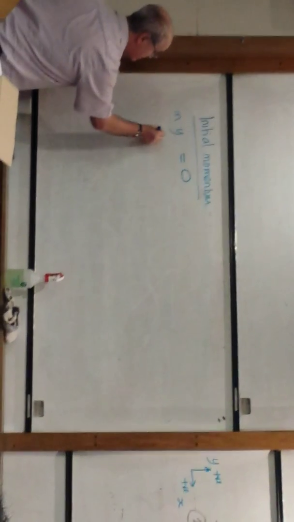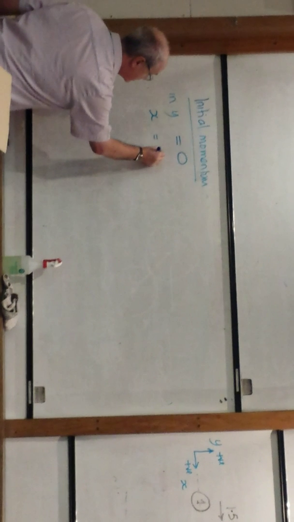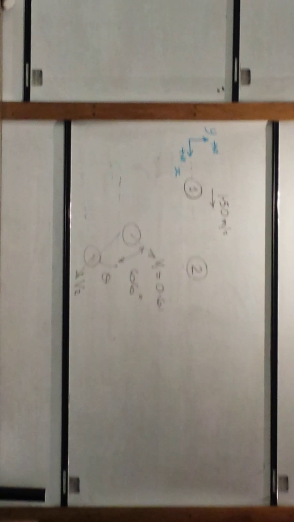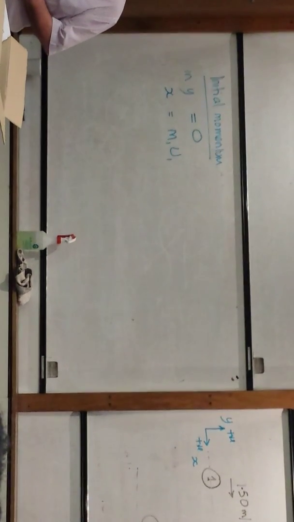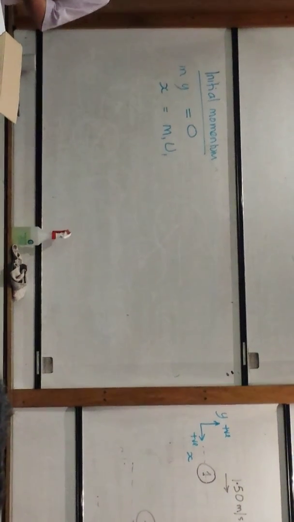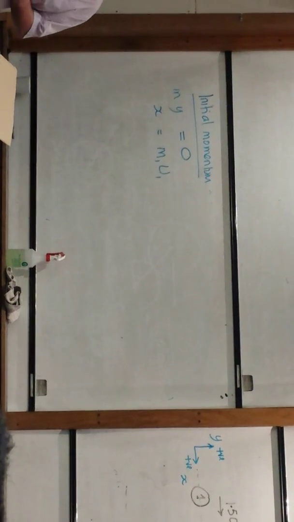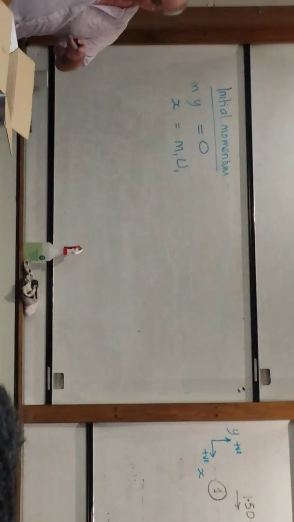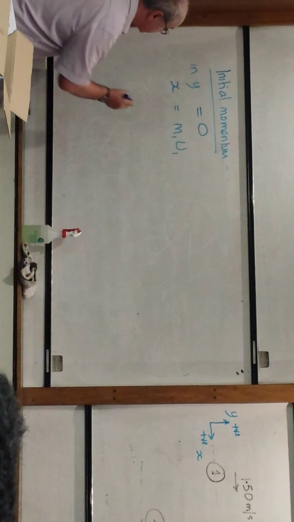In x, momentum is m1 u1. That's the mass of the stone. Both stones have got the same mass. What's the mass of the stone? I'm writing it down: 7 kilograms.